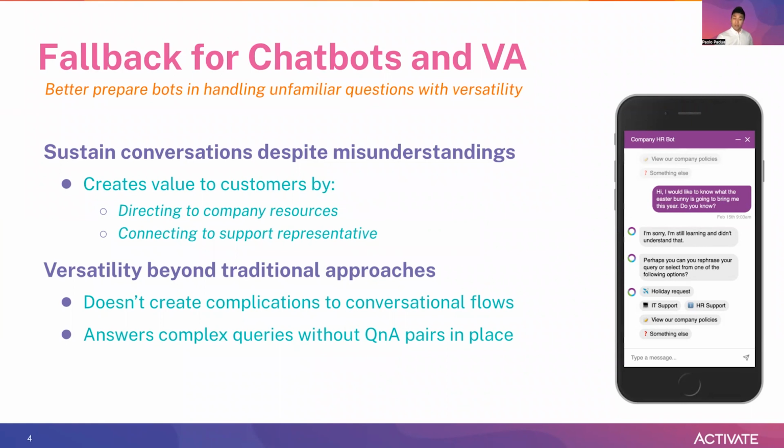Fallback intents are incredibly versatile because they don't create complications with conversational workflows and can be set up freely to answer complex natural language queries without being tied to a Q&A pair. However, to answer questions that aren't predefined in a chatbot's conversational workflow, the search engine powering the fallback sequences must be free from a rules-based approach and have the flexibility to search data sets in a more in-depth, granular fashion.